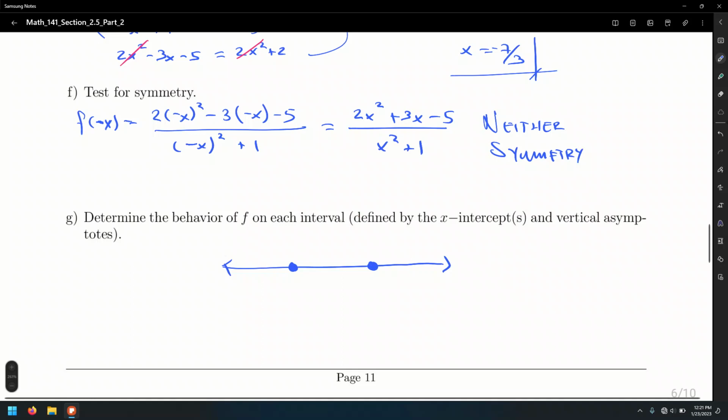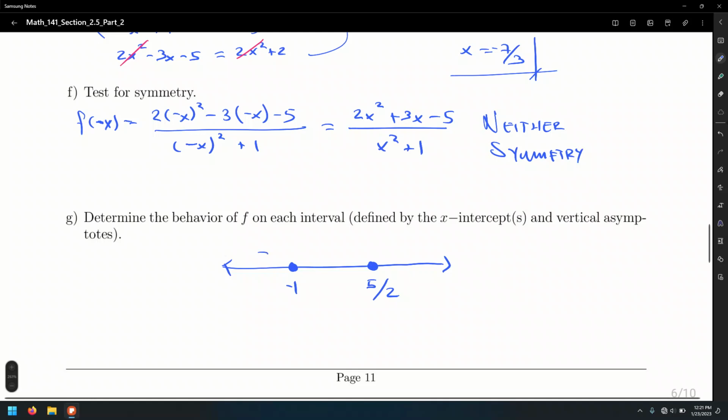When we draw this number line, we need to plot the numbers in ascending order, from smaller to larger, to have a number sense, in the sense of increasing. So that's going to be -1 and 5 halves. That's what we got for the x-intercepts, and let's get the test values.